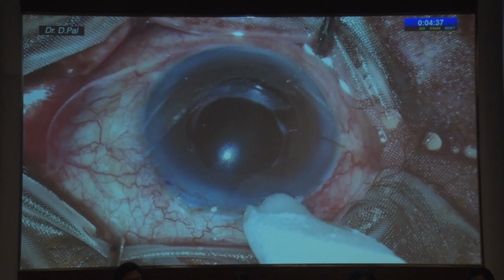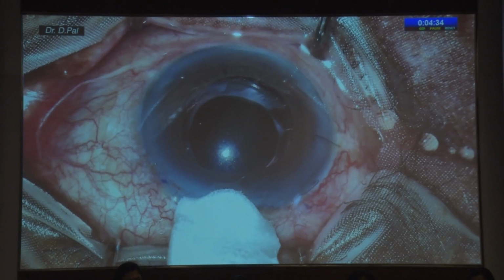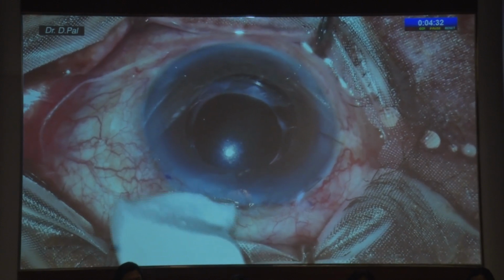So whenever it leaks, if the leak is really bad and we cannot manage it conservatively, we can take it to OT.